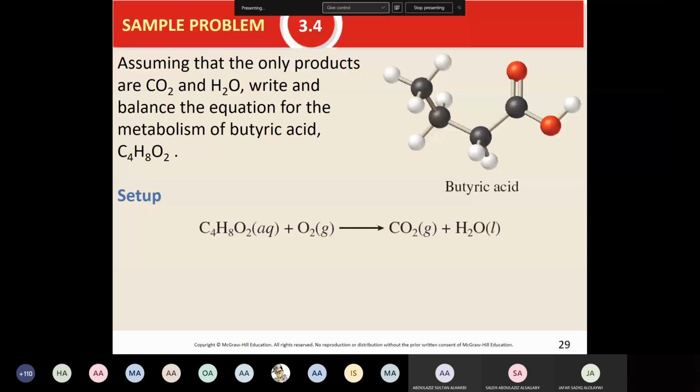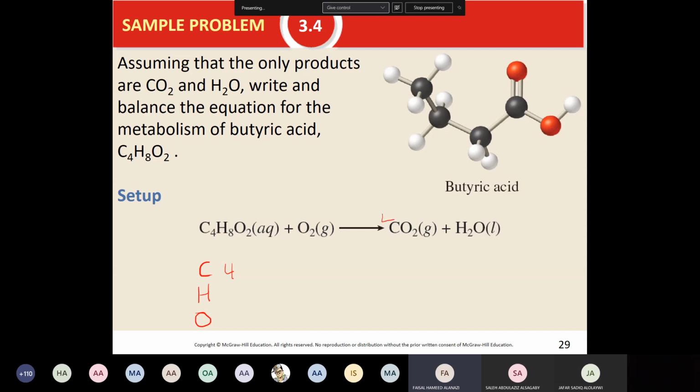As I said, what's the best thing to do? Start with carbon and find how many in the reactant and how many there should be in the product, and after carbon, hydrogen, and after hydrogen, oxygen only. Carbon, we have 4 here and 1 on the other side.